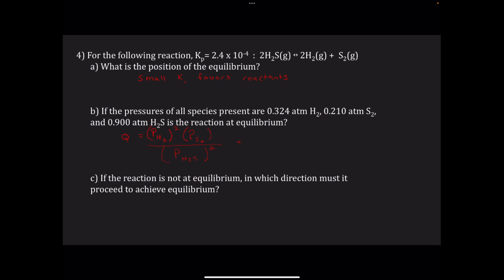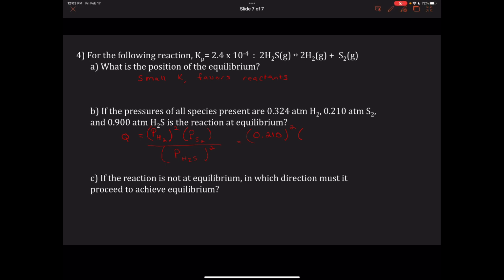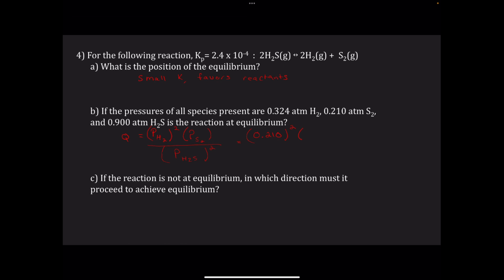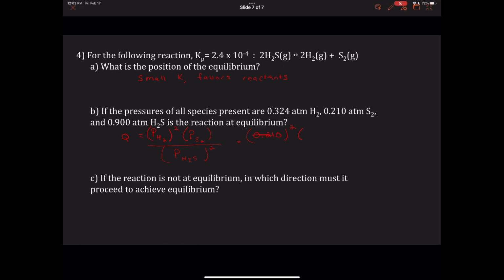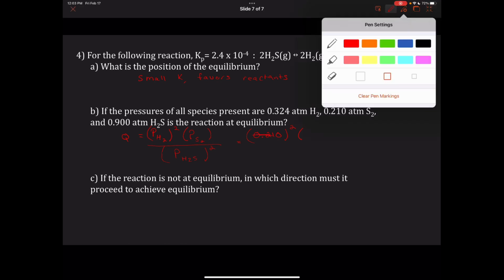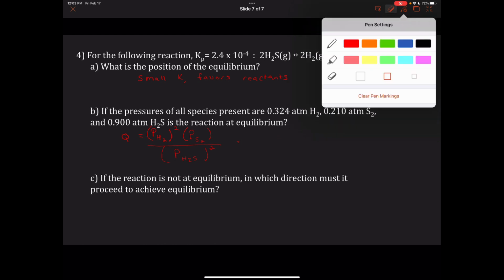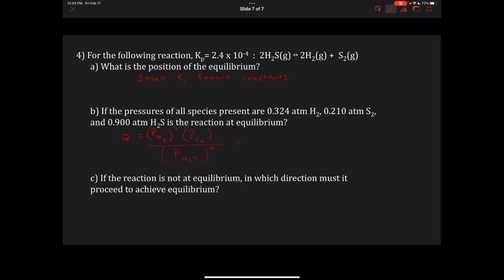So the hydrogen is 0.210, and that quantity is squared. I'm sorry, the hydrogen is 0.324.